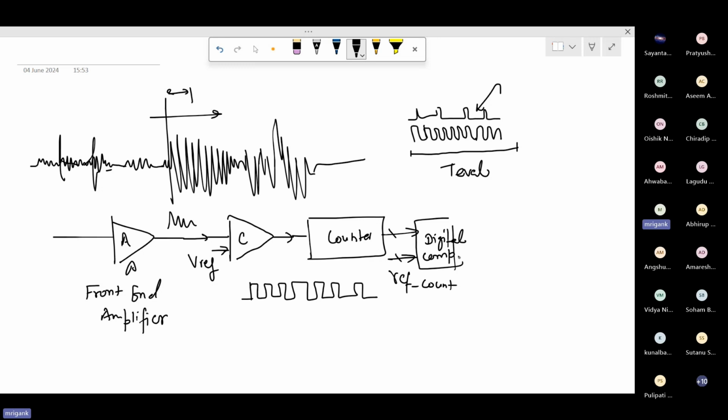Ultimately, what are you going to apply to the control voltage of the VCO? If I apply this pulse at the control, then the frequency will be quite high, right? What is the point? It will go high, low, high, low. The comparator output is a digital signal. Either it will oscillate or it will not oscillate, right?